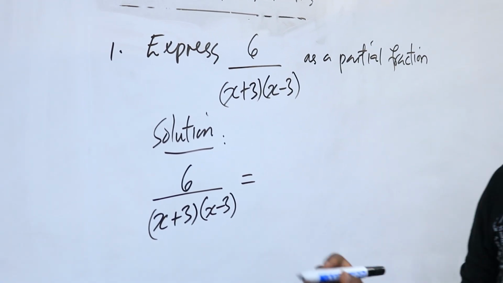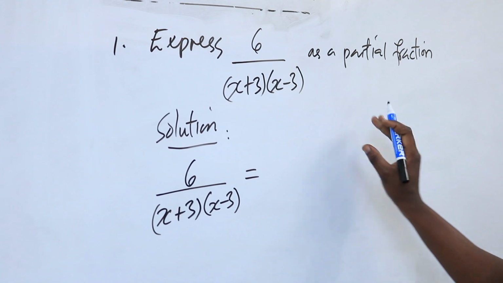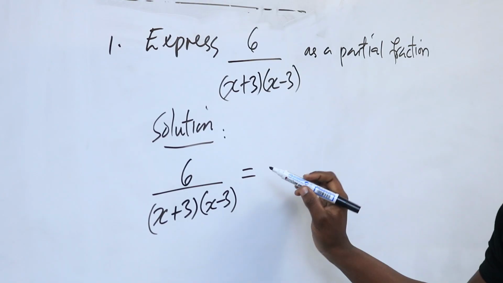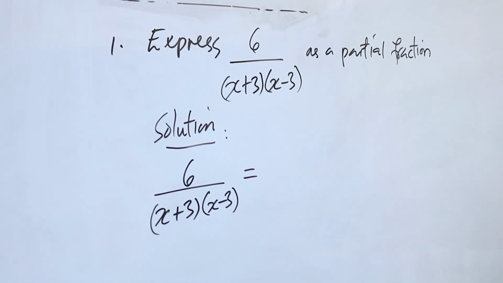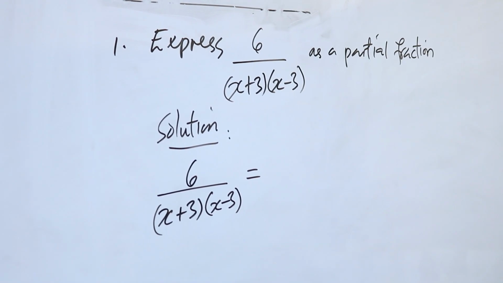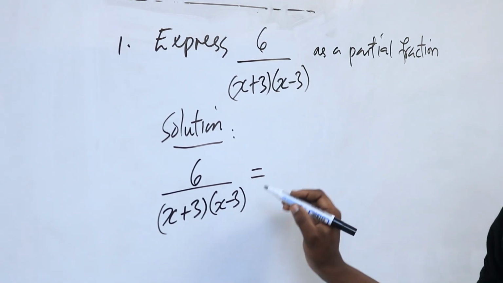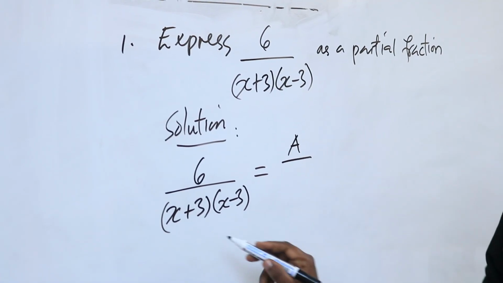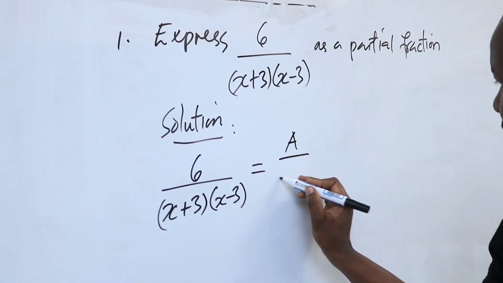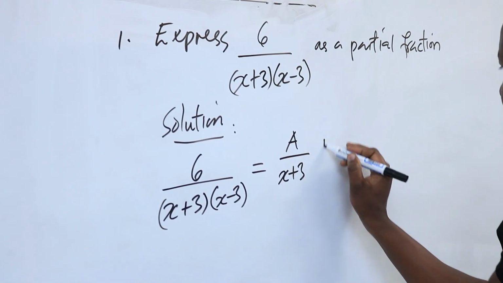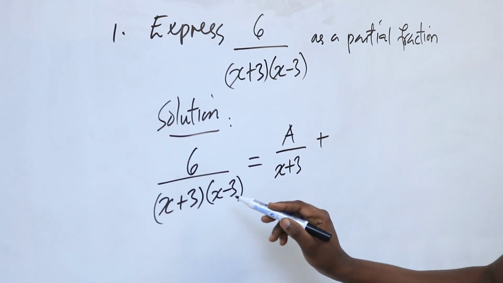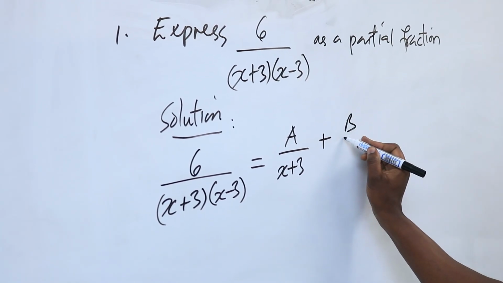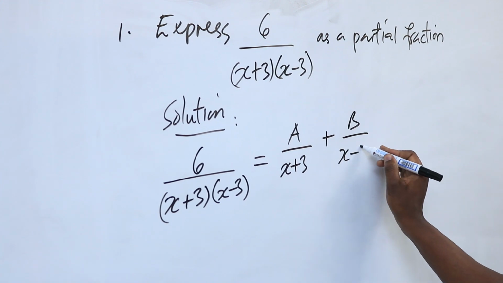I said earlier that the number of partial fractions that we are going to form depends on the nature of the denominator expression or factors. If we have the linear factor x plus 3, we introduce a constant A over that linear factor, x plus 3. Now we have another linear factor, x minus 3, so that will be the second constant B over x minus 3.